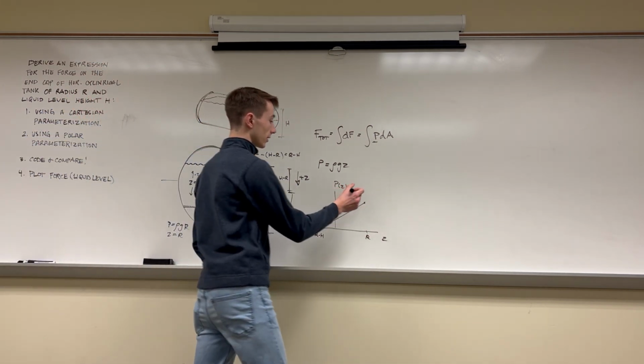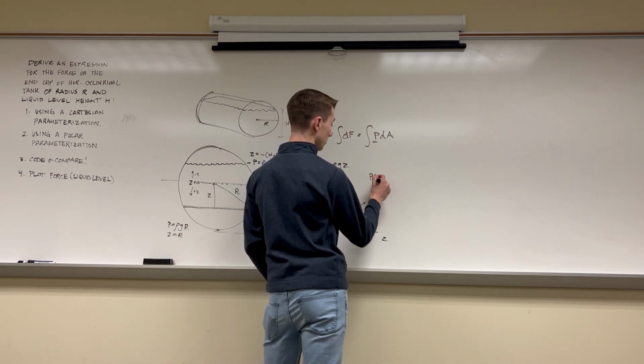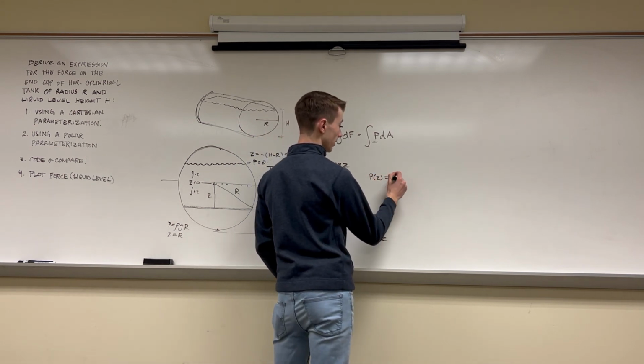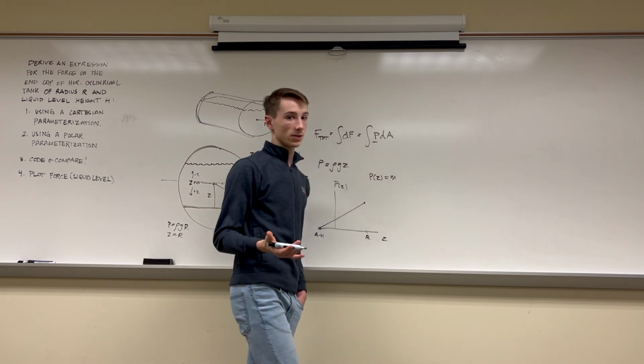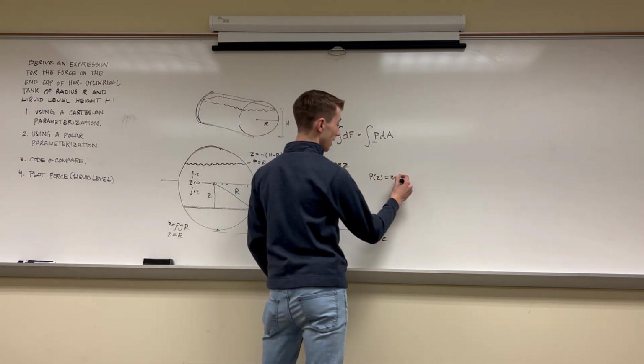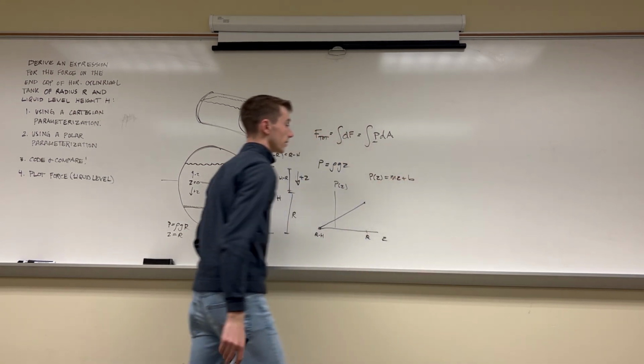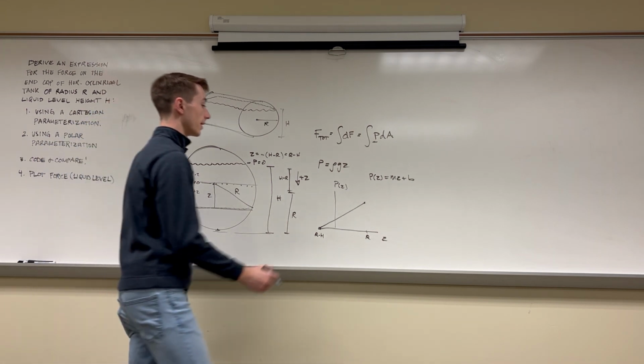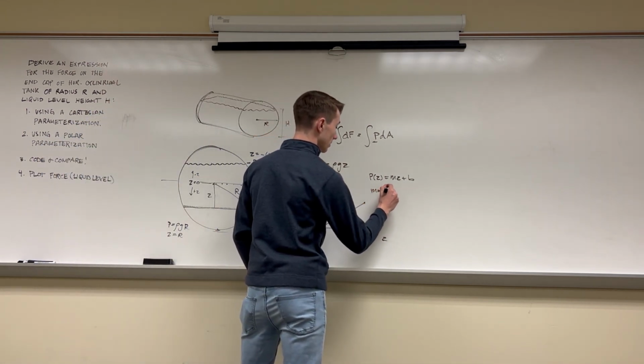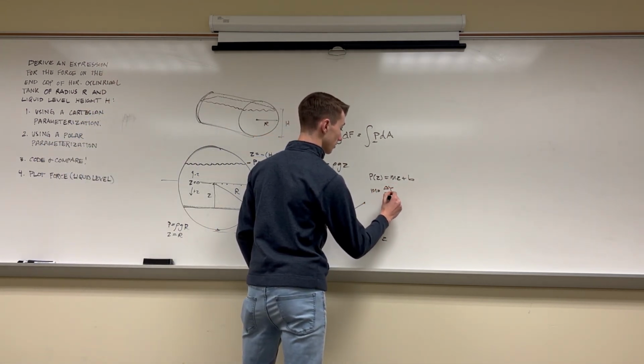We know our linear expressions are in the form of mx plus b. Well, we're using z in this case, so we'll say mz plus b. So what is the slope of this line? Slope is change in y over change in x.